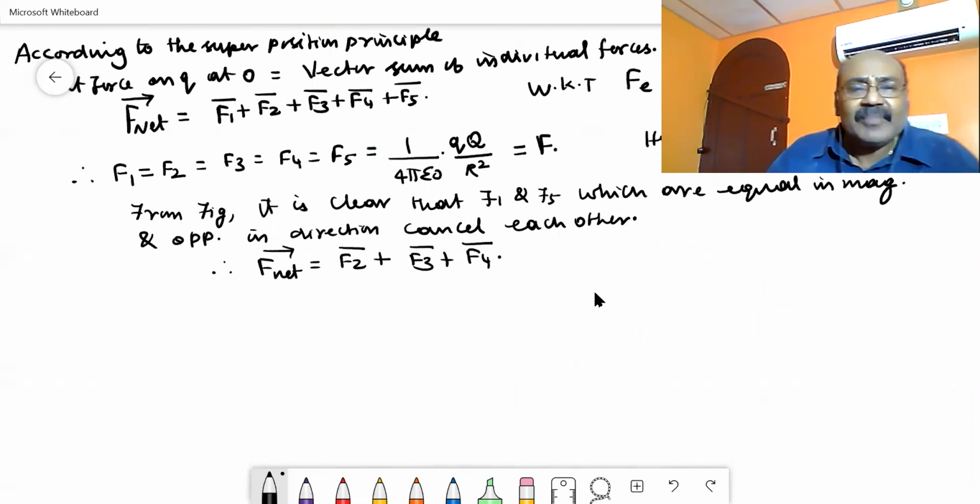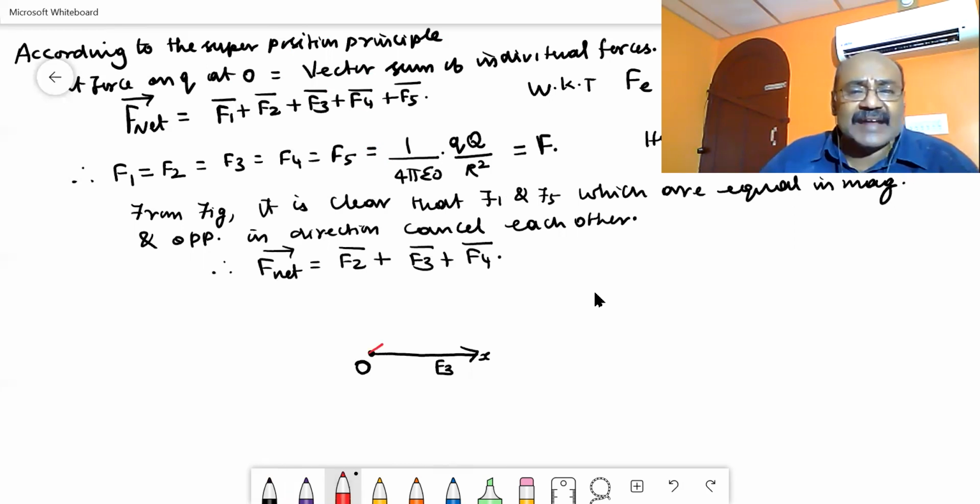See, at this point O, one of the forces acting along the x-axis is considered to be F3. Another force acting along this direction, let us consider this as F4.